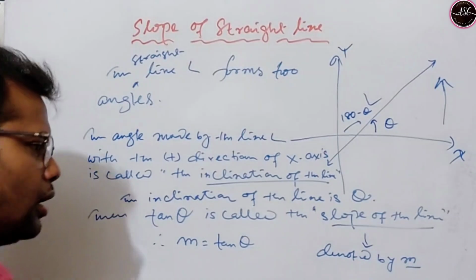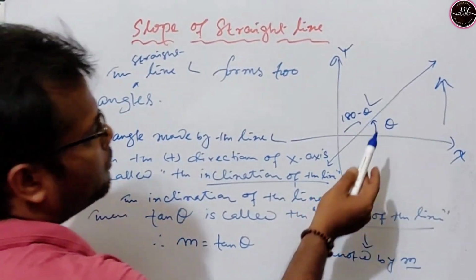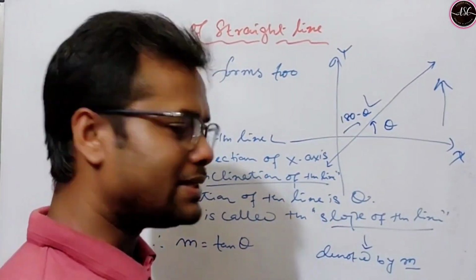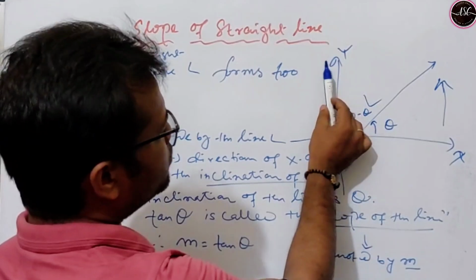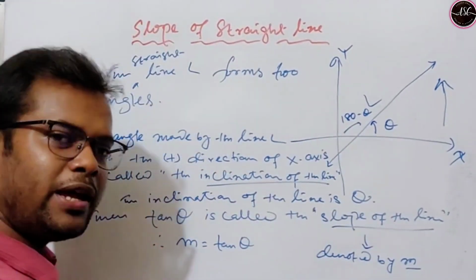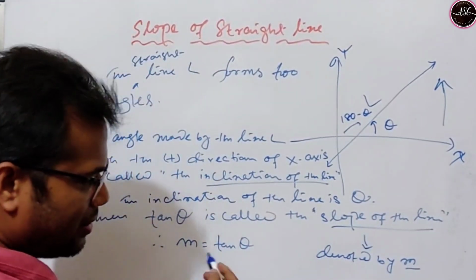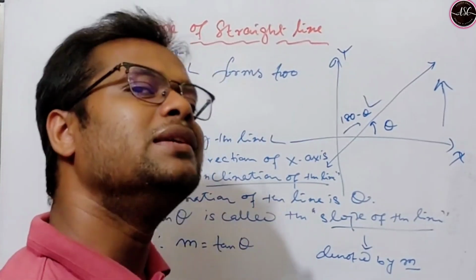Clear? Now if this line is vertical with x axis, that means if this line moves here, then theta will be 90 and tan 90 is undefined.